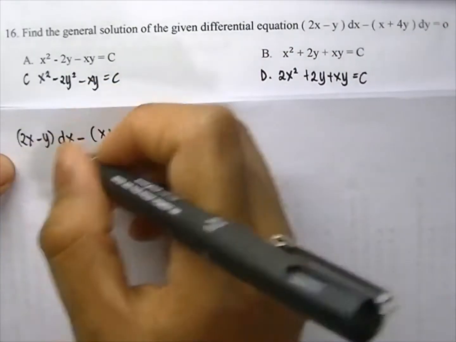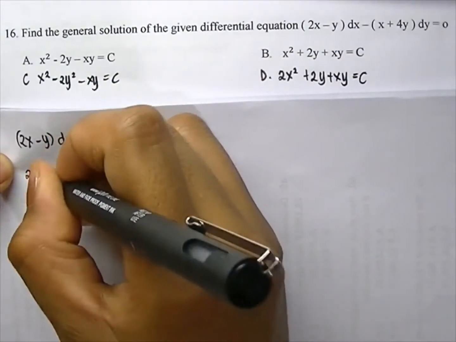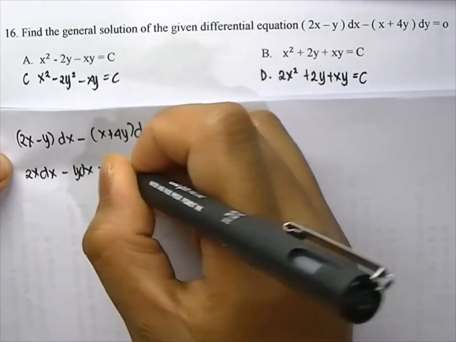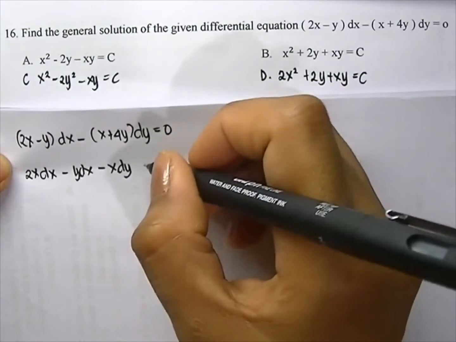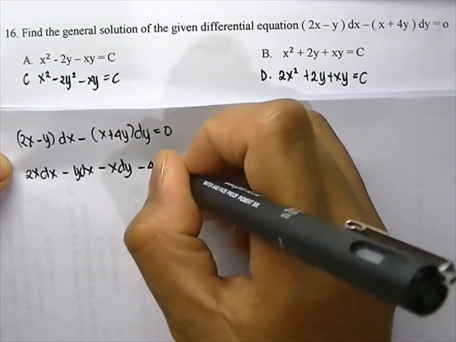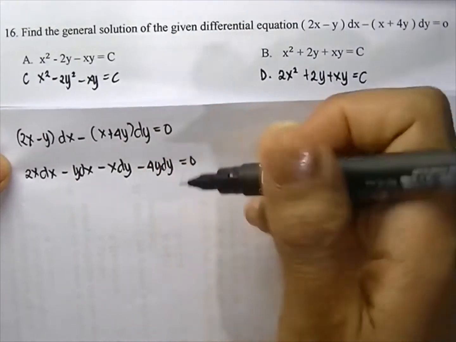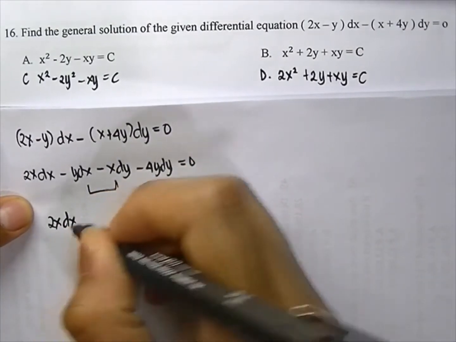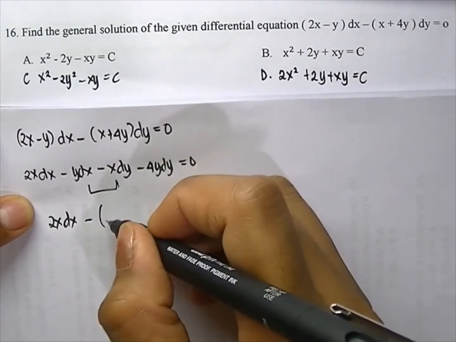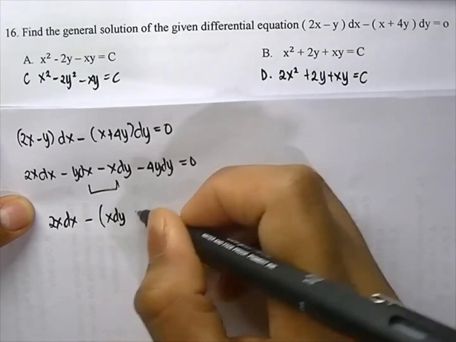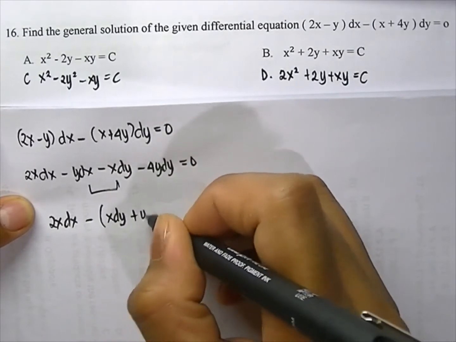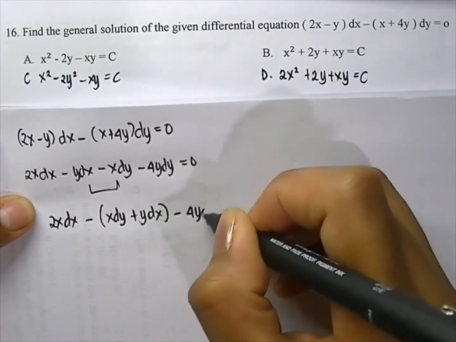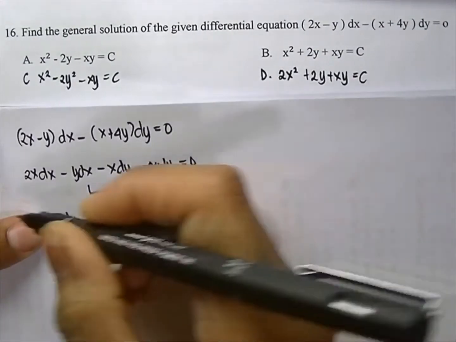So distribute, we have 2x dx − y dx − x dy − 4y dy = 0. Combine this, we have 2x dx − x dy − y dx − 4y dy = 0. So integrate.